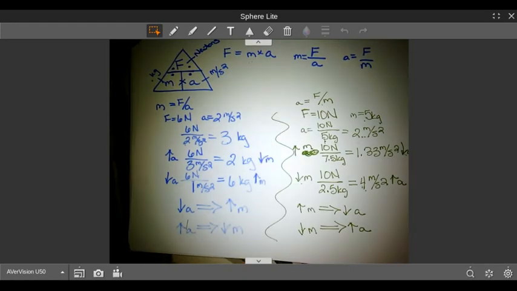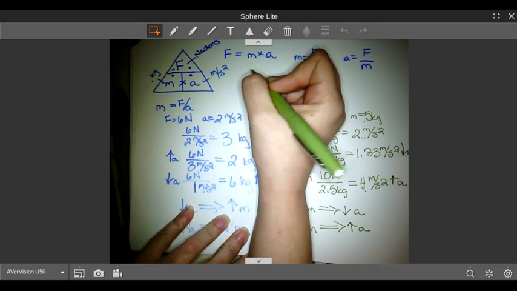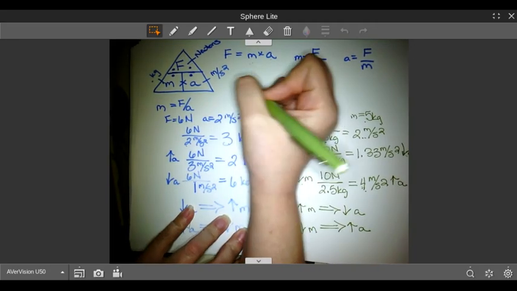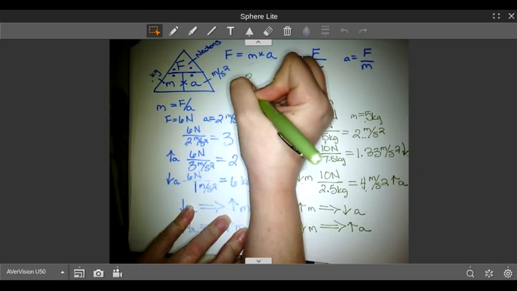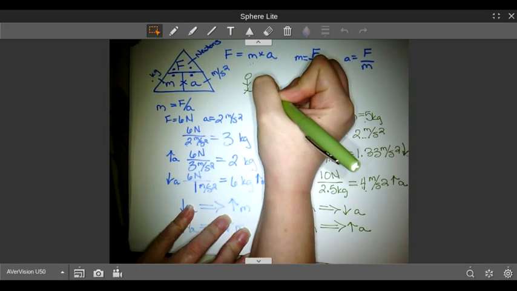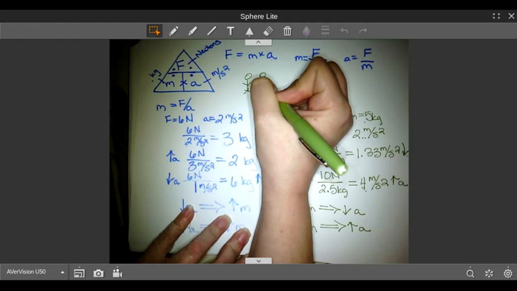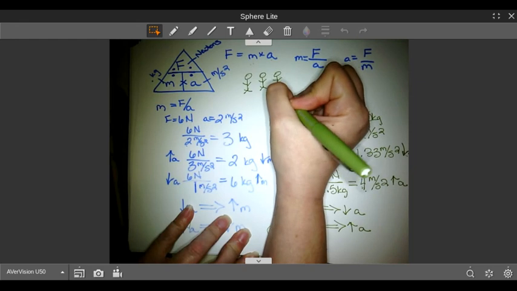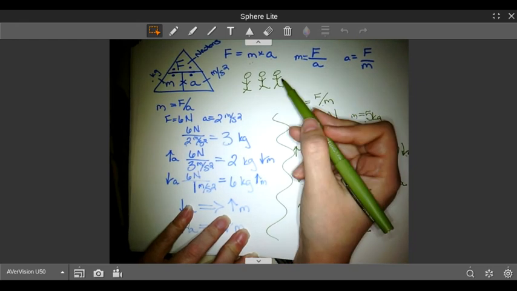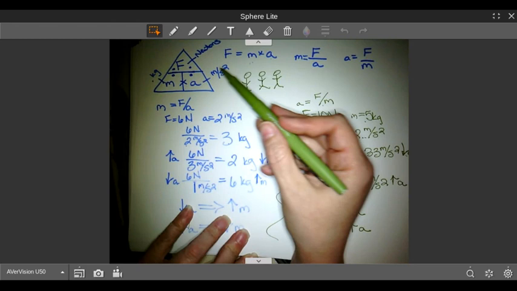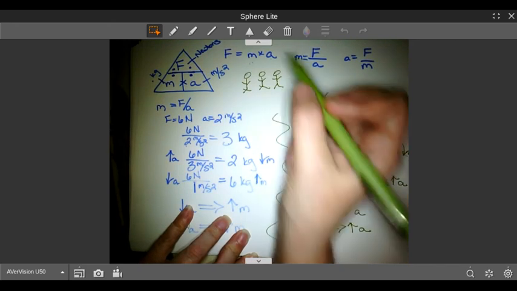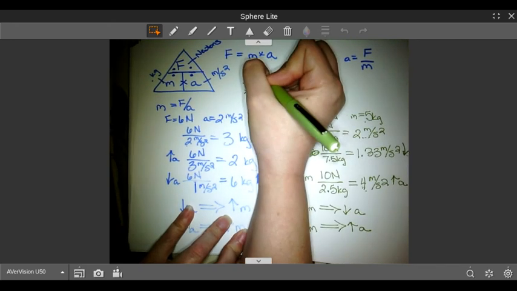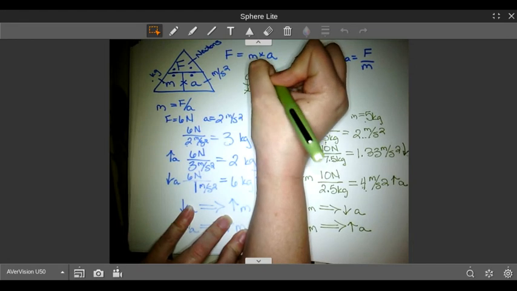What that also means is that if you have a group of things, let's say you have a bunch of people running. You can say they're all running with the same force. So they're all running with like 1.4 newtons of force.